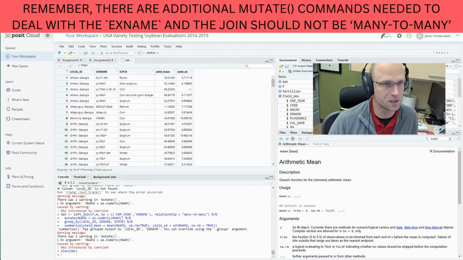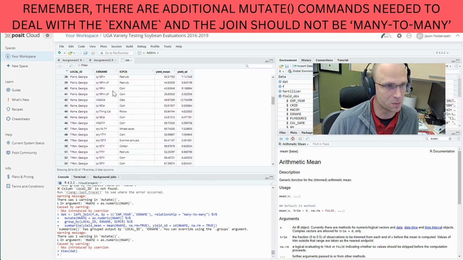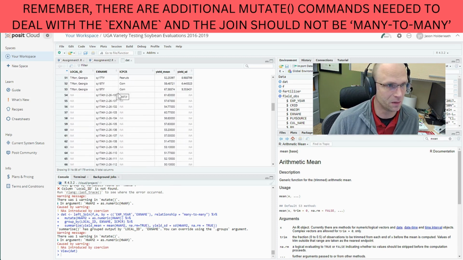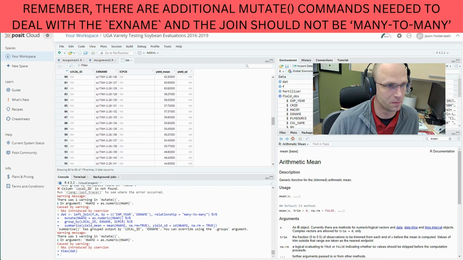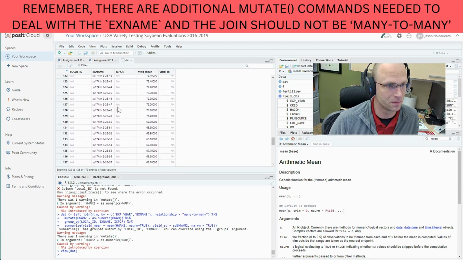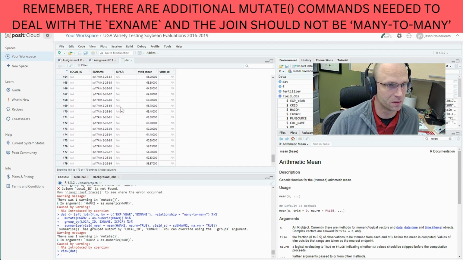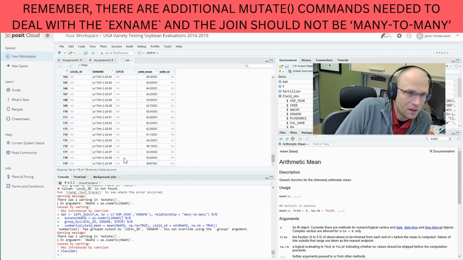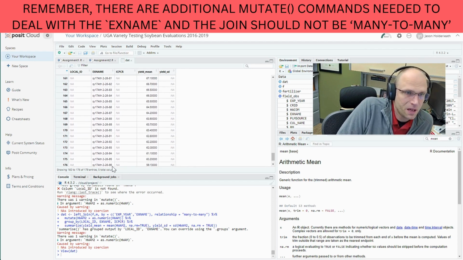And now we see our yield by this much more expressive total here.